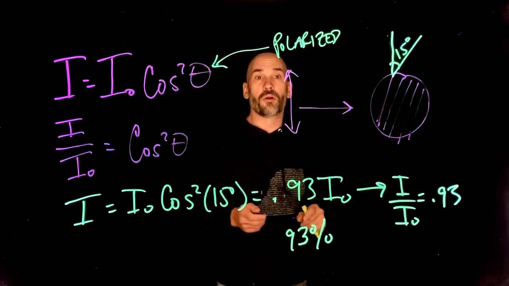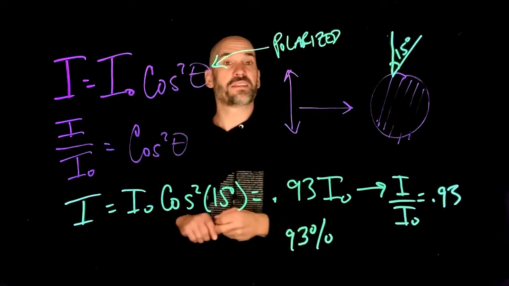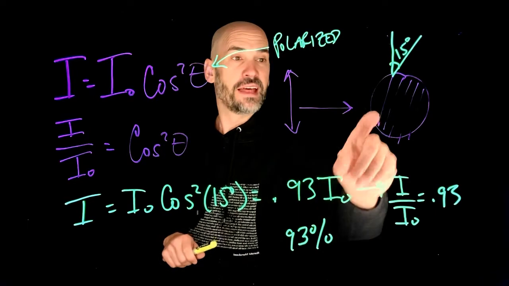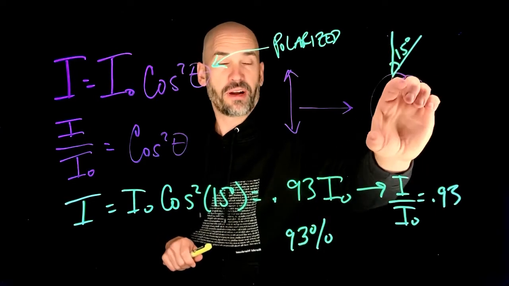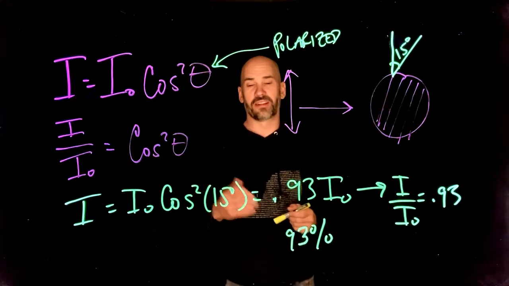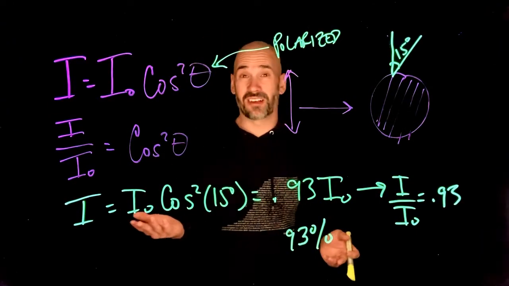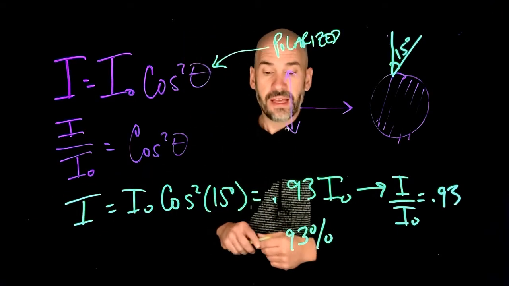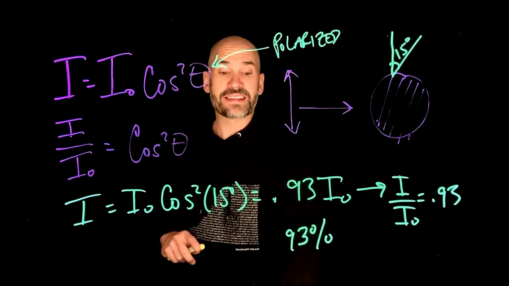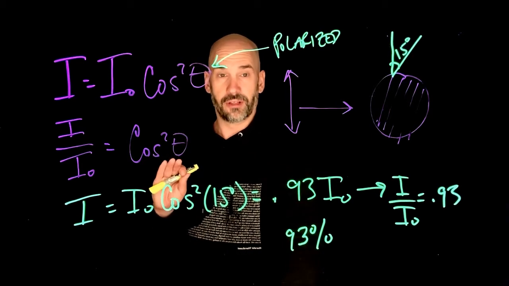So if I were to create a set of sunglasses with a polarizer set off by 15 degrees, I could cut off 7% of the light. Not a heck of a lot, but you can design your sunglasses however you want to. Okay, so that's how it works if you have polarized light.